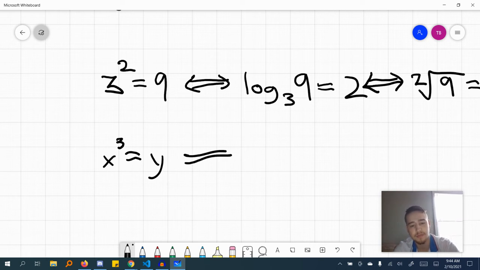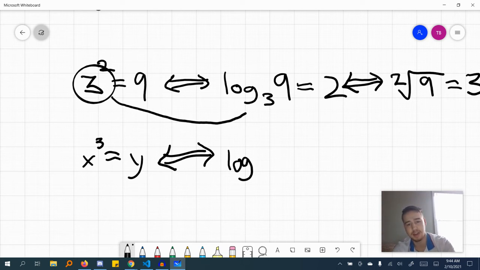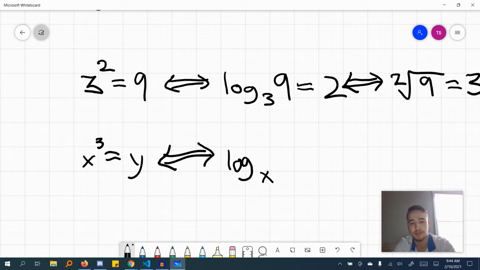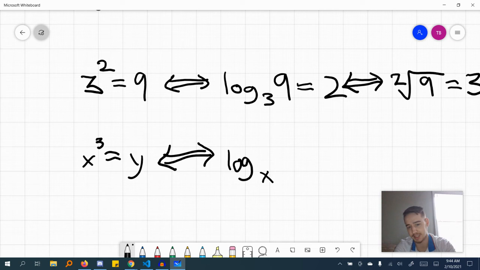That we can rewrite in log form by saying log base. So again, we're going to take this base here and set it as a subscript to the log, x. The one on the right side of the equal sign gets to be the other part of the log expression. Log base x of y equals, here comes the exponent.